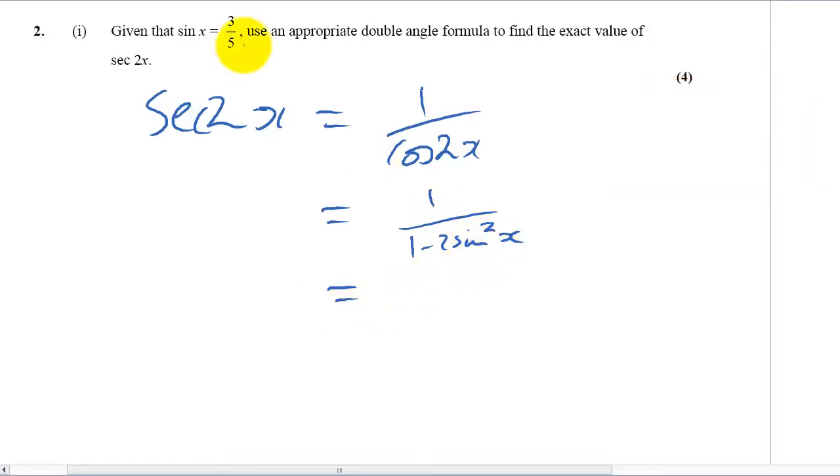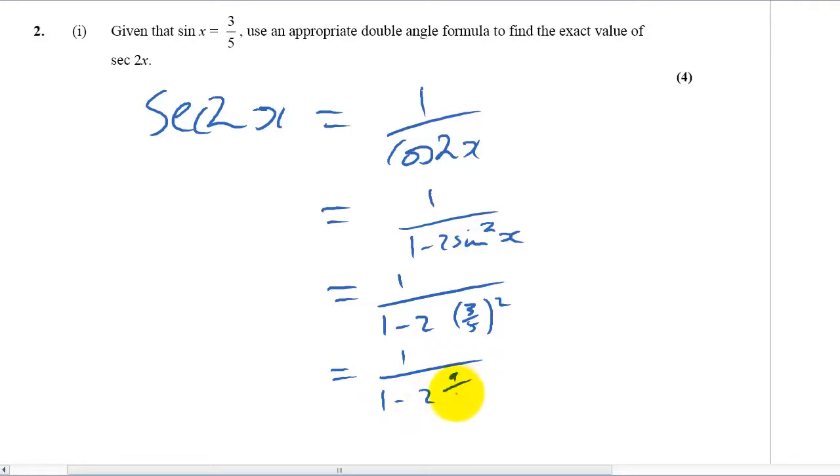Substitute sine x as 3/5. So we get 1 over 1 minus 2 times 3/5 all squared. 3/5 all squared gives you 9/25. So that's 1 over 1 minus 2 times 9/25.